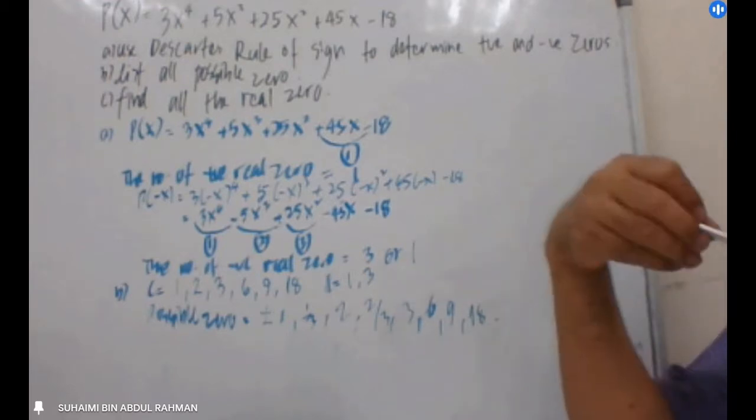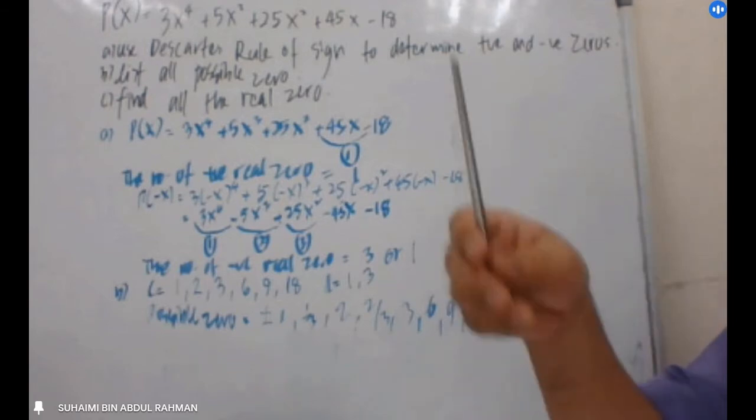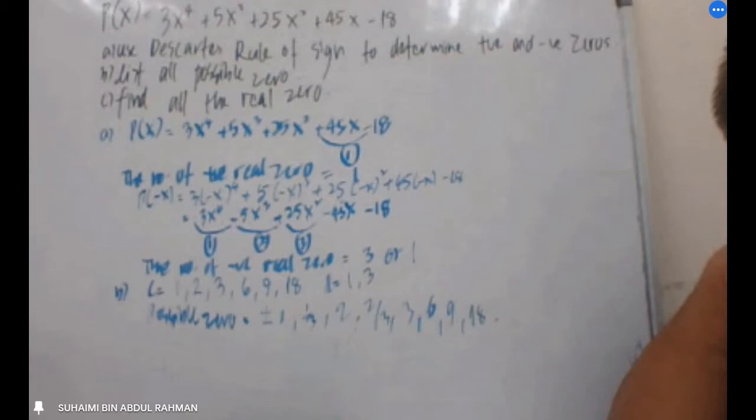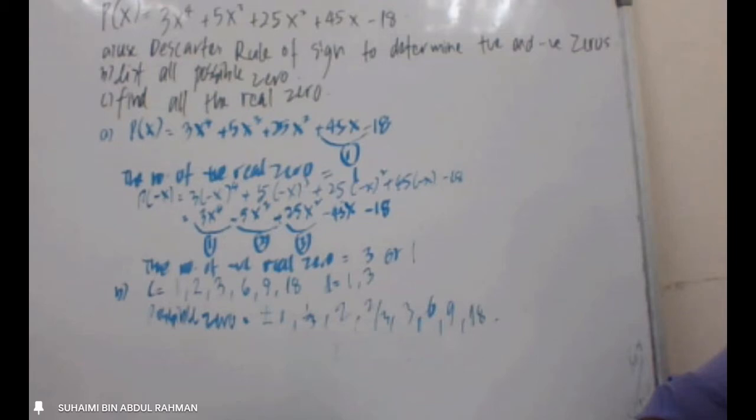Why does that happen? Because of multiplicity.